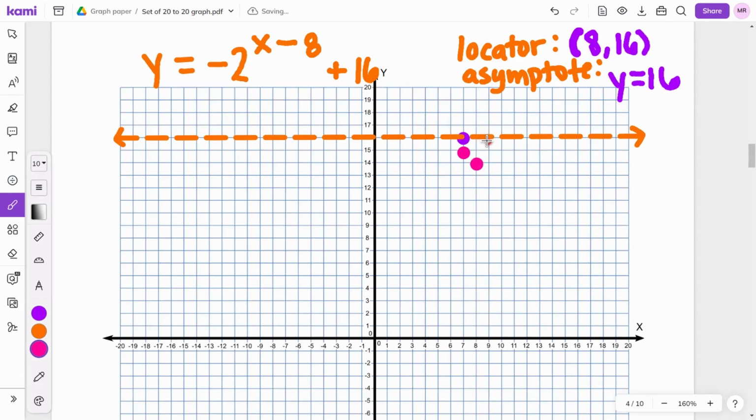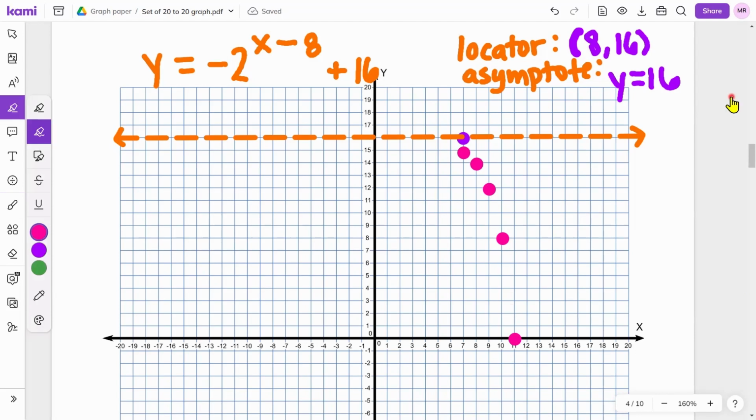As I go again, double that, which is 4 away. And then double that, 8 away. Double that, 16, which actually is going to put me down here. And so forth. And when I connect this, this is the graph that we're going to get.